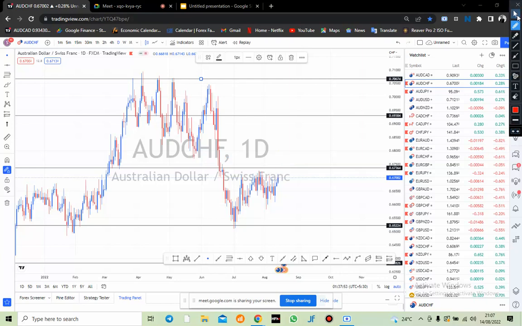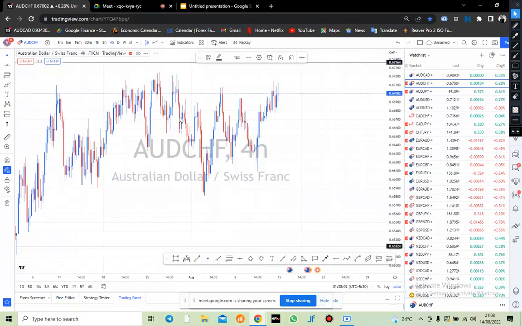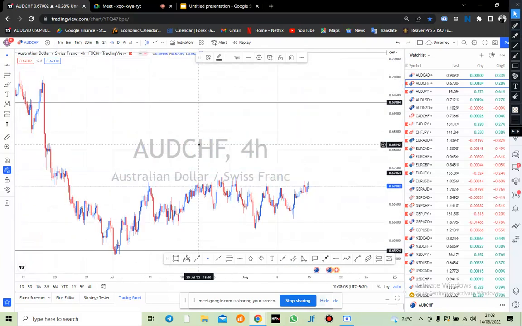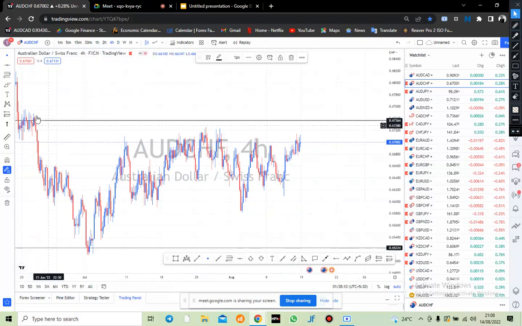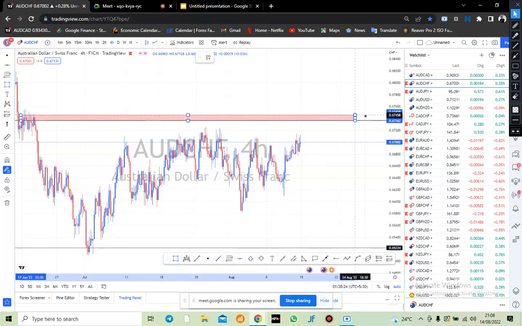So in the meantime, let me go back to 4H time frame. On 4H time frame, what can we see? We can clearly see this is an area of resistance, which means if I'll be expecting price to reverse, I'll be expecting price not to cross this area of resistance.